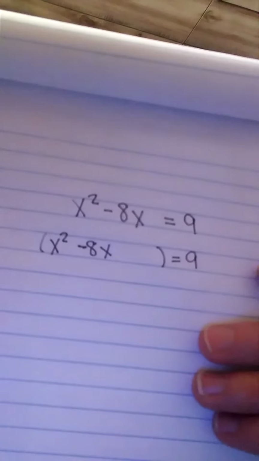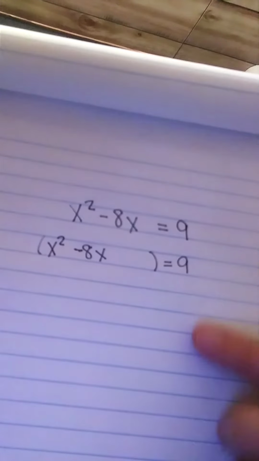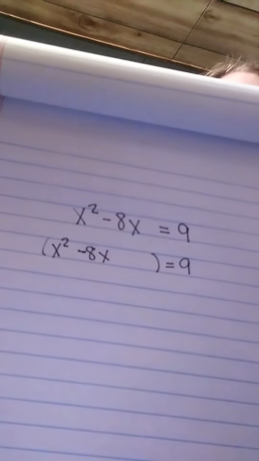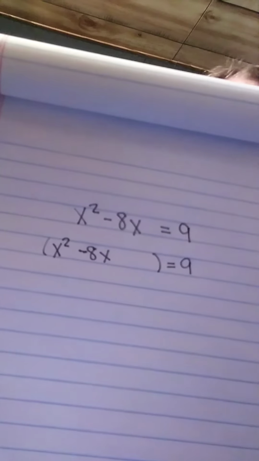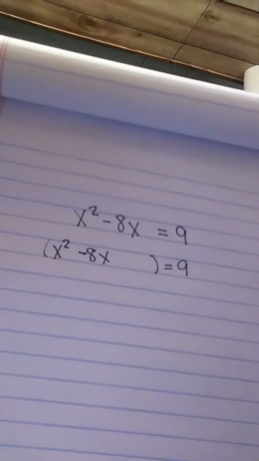The first thing that you do is I'm not going to change anything. I'm just going to set it up differently. So the original equation I put up top, and in the second line, when you're completing the square, we are going to try to create a perfect square trinomial. So I left a little space there for a constant that I'm going to add in.